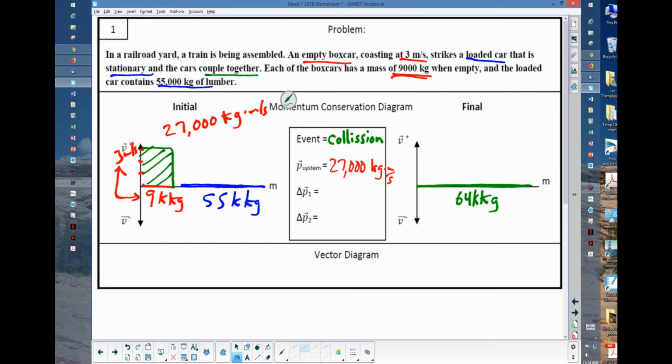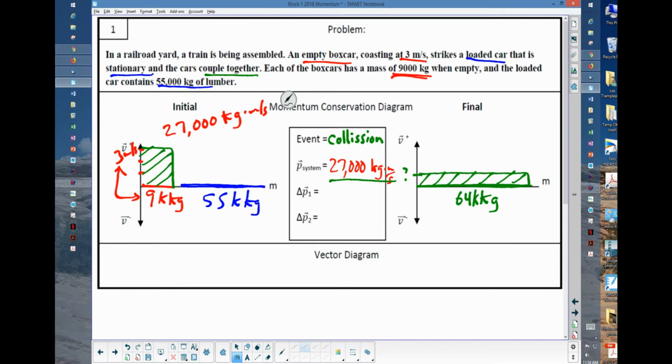And the question is, how fast is it going? So what do we know? We know that this area under the curve is still equal to the momentum of the system. So we can solve for that.